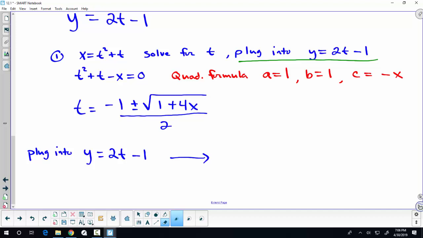So we just have negative 1 plus the root, plus or minus the root, rather. Minus this one. Or we could say minus 2.